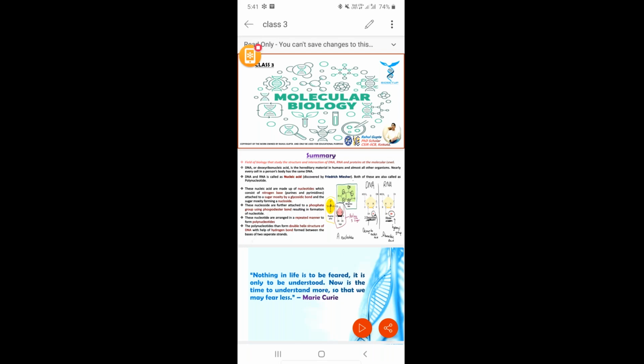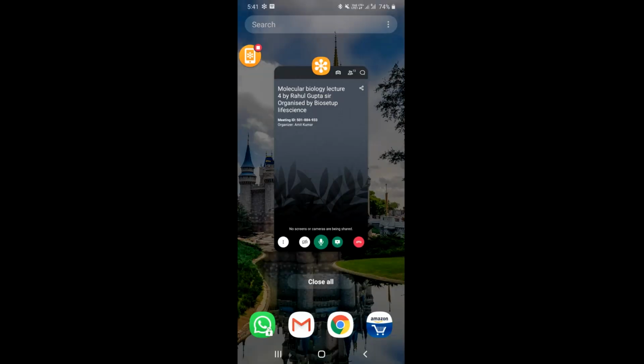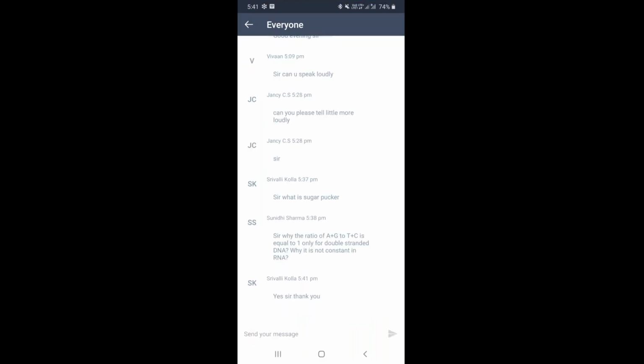Okay, sir. And the next question is, why is the ratio of adenine plus guanine to thymine plus cytosine equal to 1 only for double-stranded DNA? Why is it not constant in RNA? Yeah, it's a good question. See, if we calculate the percent of adenine plus guanine and thymine plus cytosine in case of RNA, you will find that it is not equally distributed, because it does not have complementary pairing.